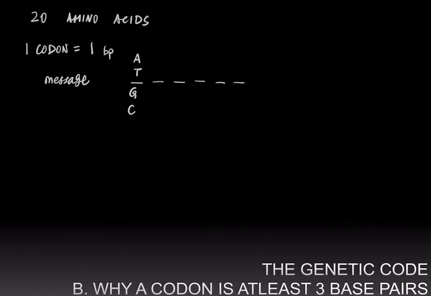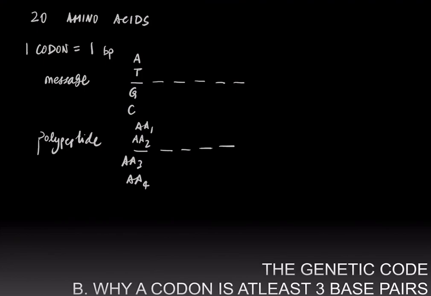And therefore, since 1 base pair is equal to 1 codon, the polypeptide, or the protein, will also have at every position one of 4 possibilities: amino acid 1, amino acid 2, amino acid 3, or amino acid 4.